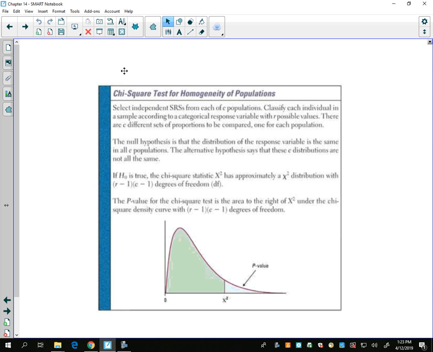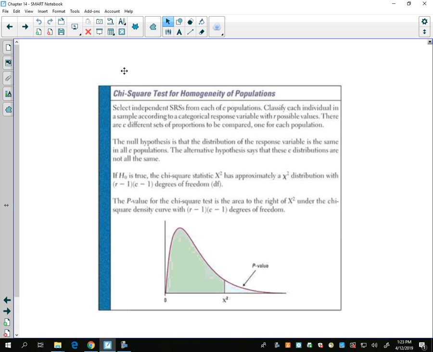Okay, so again, all of these chi-square tests, their titles give you insight as to what test it is. So homogeneity of populations means homogeneous across populations. Basically, you're saying to yourself, from one population to the next, are they the same?